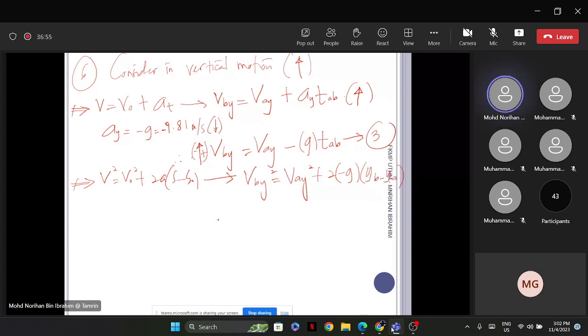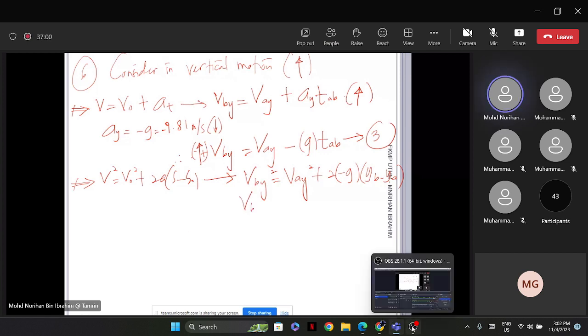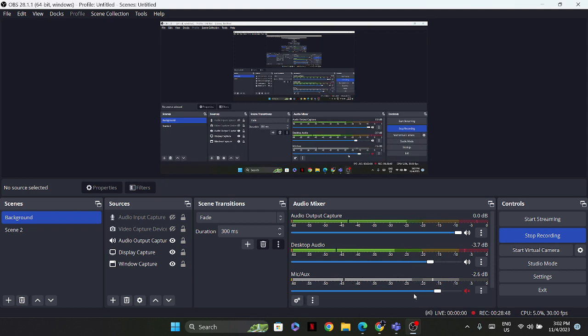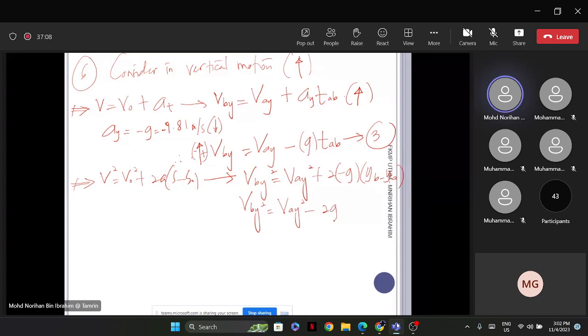So YB minus YA. Therefore, VBY squared is equal to VAY squared minus 2G multiplied by YB minus YA. G represents the gravitational acceleration, which is equal to 9.81.